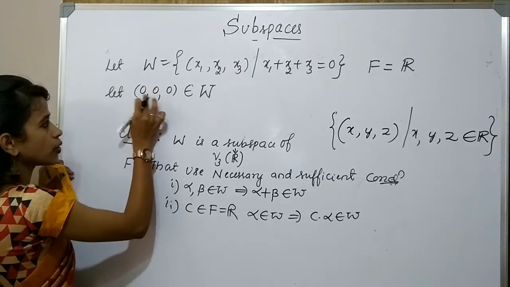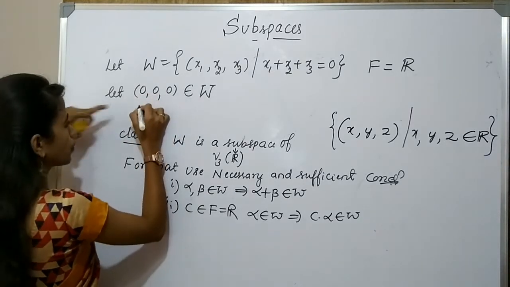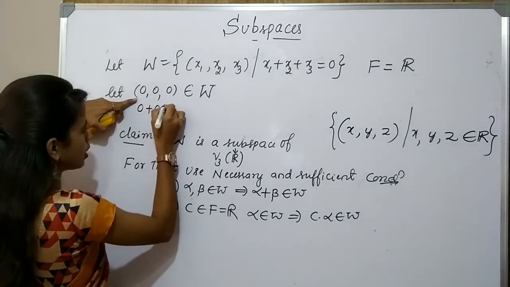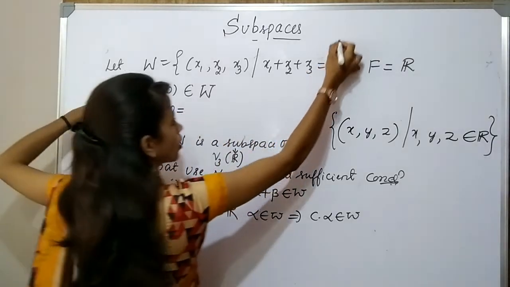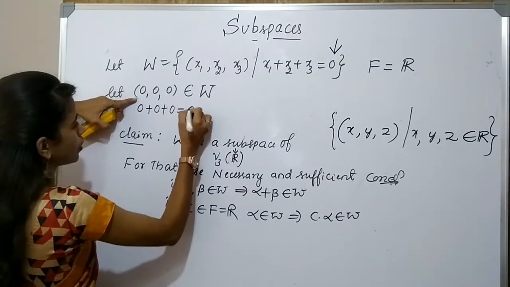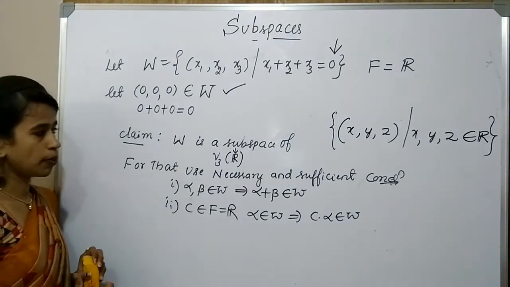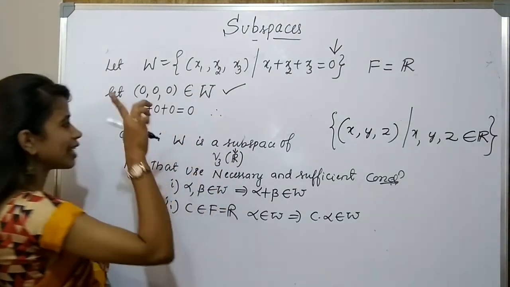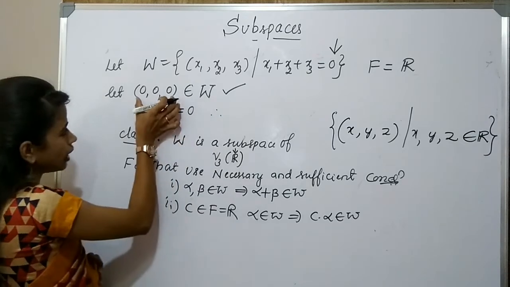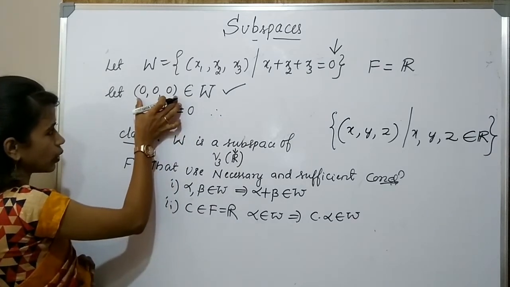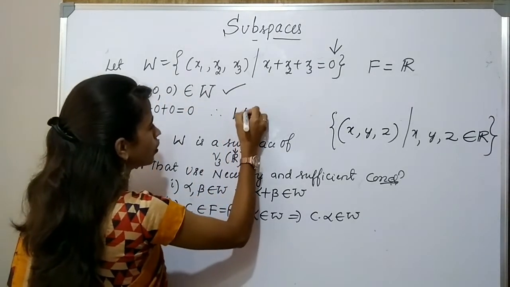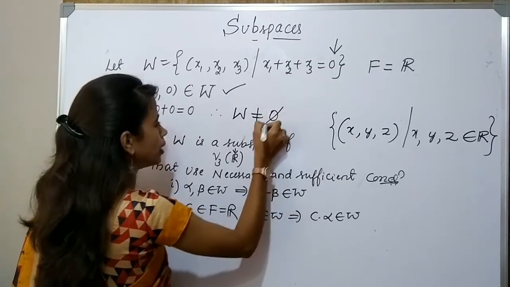Here (0, 0, 0) is clearly a triplet and the sum 0 plus 0 plus 0 is clearly 0. So (0, 0, 0) clearly belongs to W. Therefore there is an element in W, namely the triplet (0, 0, 0), so W is non-empty.